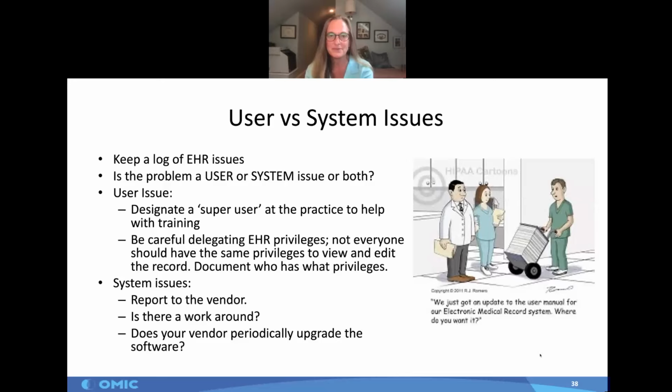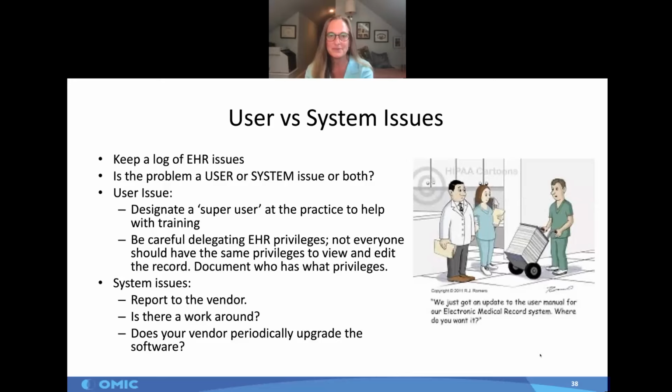With system errors, it's really all about making sure you get your upgrades and you contact your vendor if you're having issues that are really causing havoc at your office. Sometimes they can turn some of them off. Sometimes they might upgrade the software at a later date and they will implement that change.